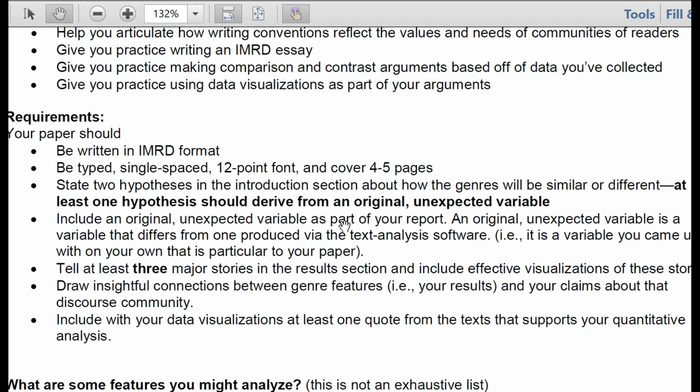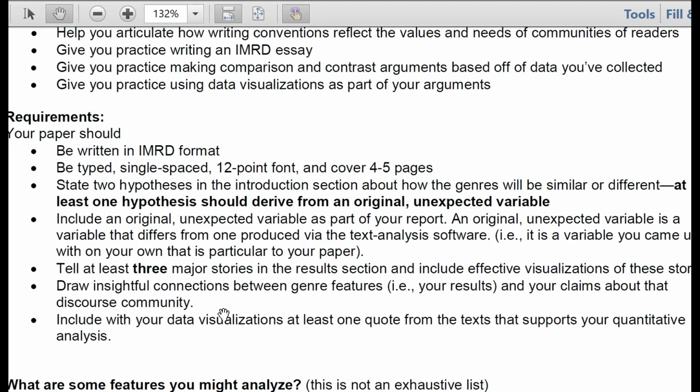We are going to talk in class on Friday about really making connections to the discourse community. That means the types of people who read this type of article. So if it's public versus scholarly, you can talk about who reads these, what are their expectations, why do they read, how does the writing reflect what those readers are looking for, what they value.